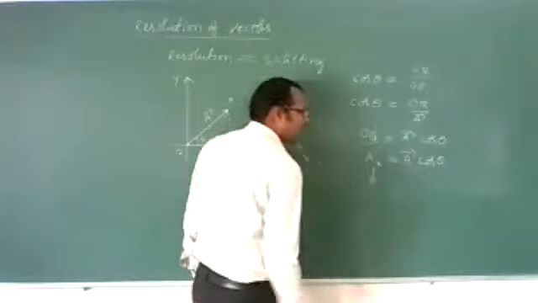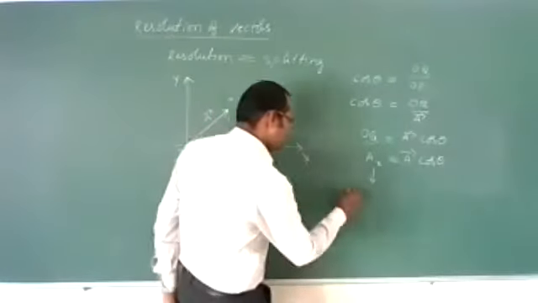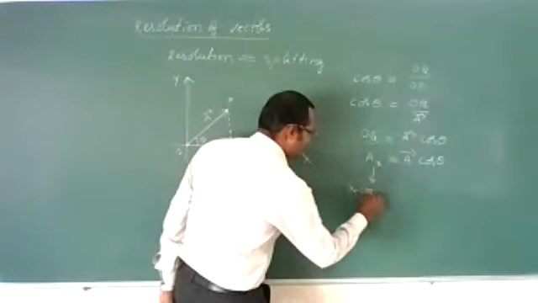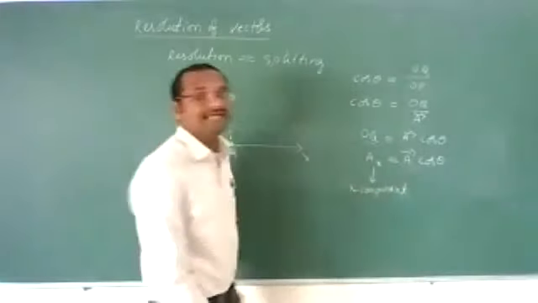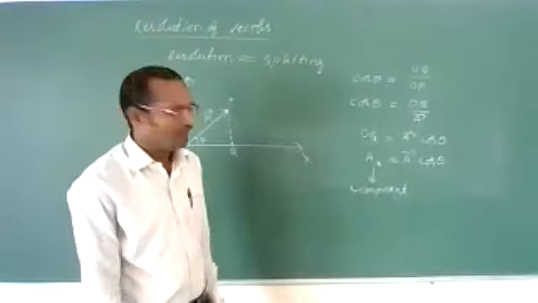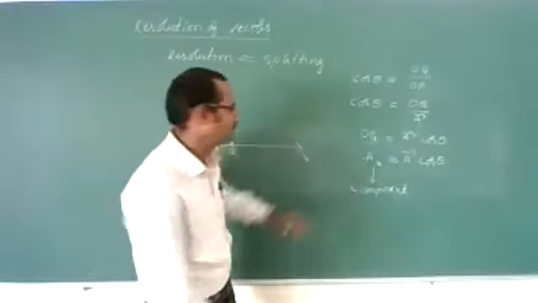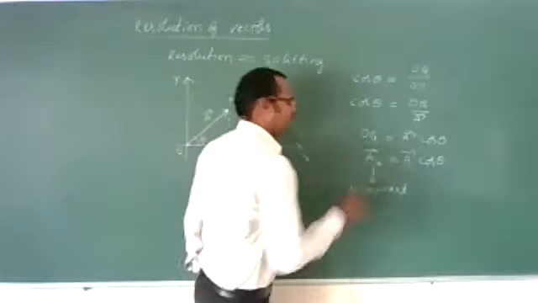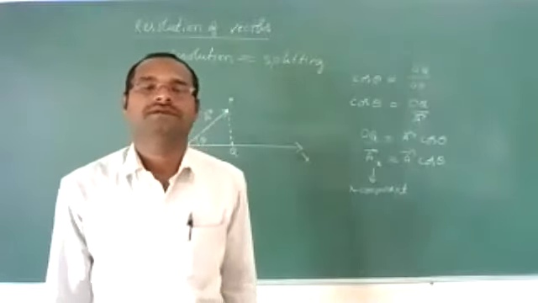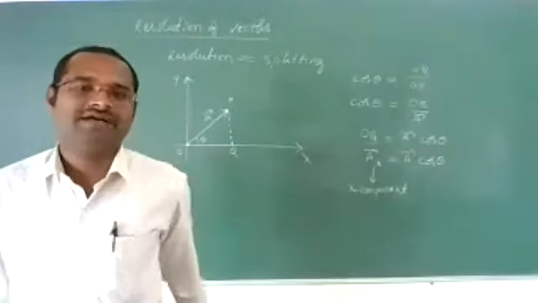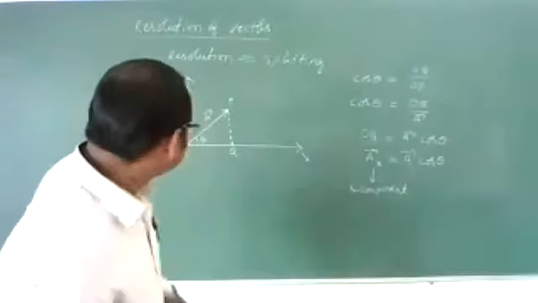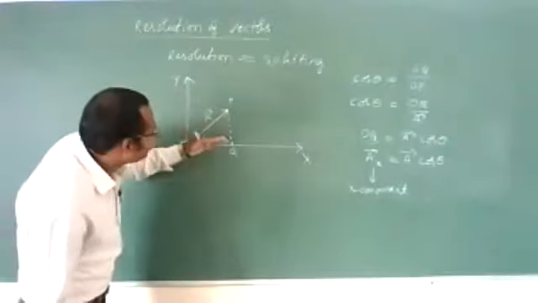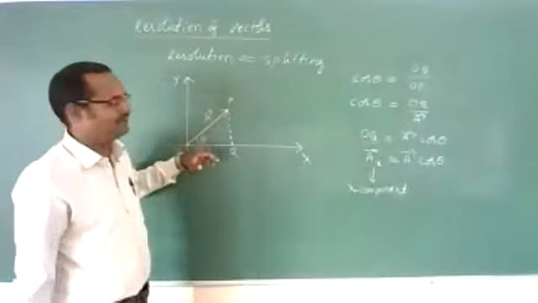This AX we call the X component of this vector. Ax indicates the X component of vector A bar. That means this A along the X axis, how much value is it having?